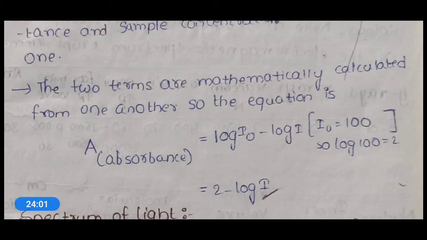By substituting the log value of 100, here 2 minus log I will be obtained. So this is about Beer-Lambert's law.